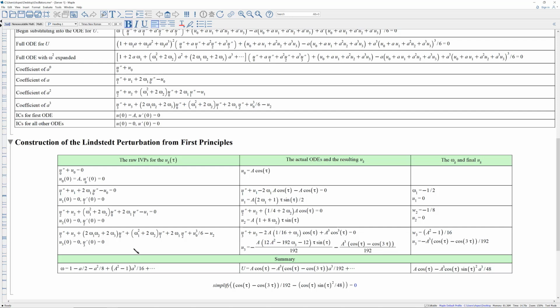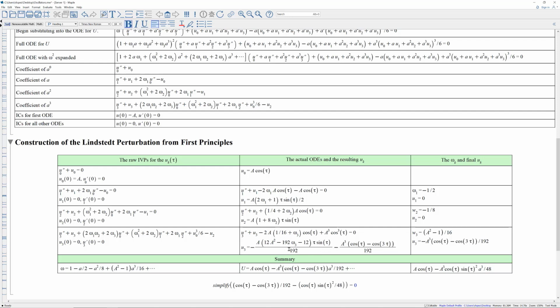This is then the A3 term. This is the differential equation. There's omega 1, omega 2. There's a u0, there's a u1, which we have, and there's a u2, which we have. So the differential equation becomes this, and here is the solution, and there is right here a secular term.